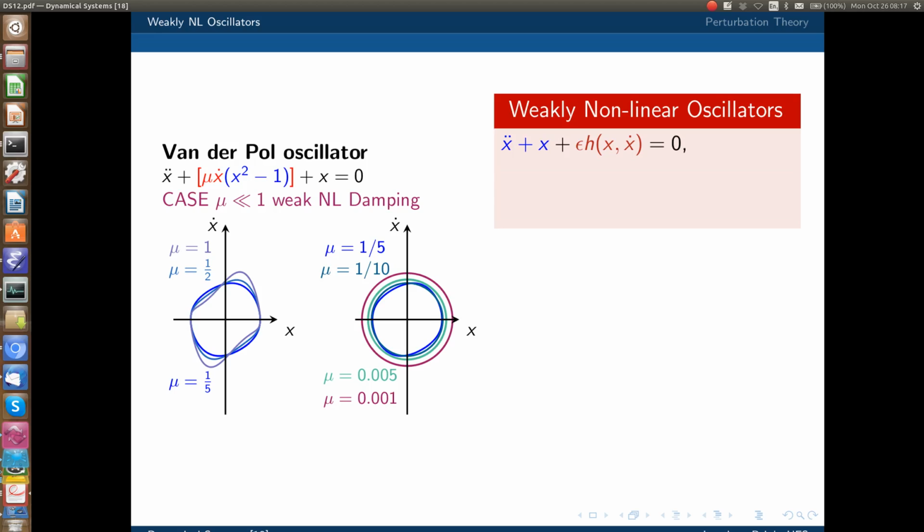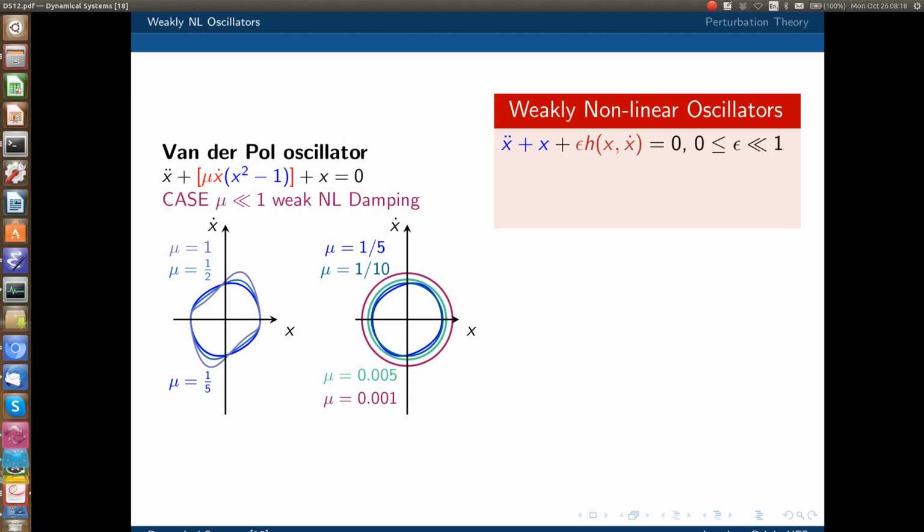The normal form that they have is basically this thing, which is a linear oscillator, a center. Note that you can put another constant in there to change the frequency, and you'll do that in one of the problems. This analysis is with time rescaled so that it is 1 there, plus epsilon times some function h of position x and speed x dot, and h can be anything as long as it's smooth.